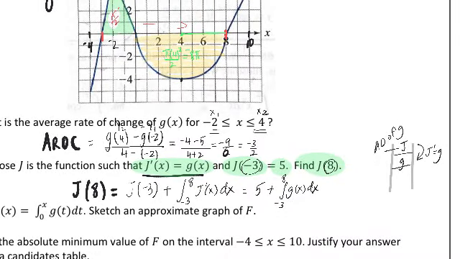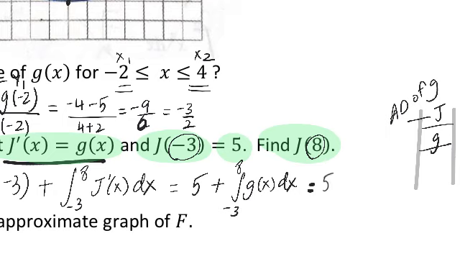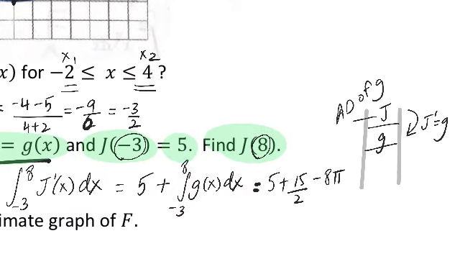So this out here is going to be 5 plus 15 halves for the triangle minus 8 pi. So 15 halves is 7.5, so I can say this is equal to 12.5 minus 8 pi for that part of the question.